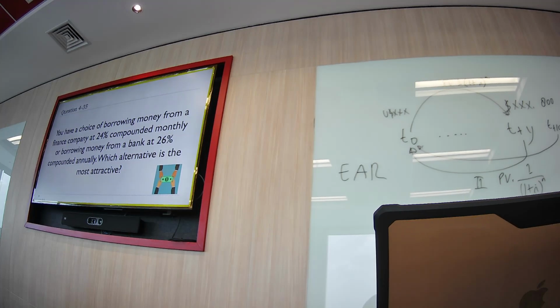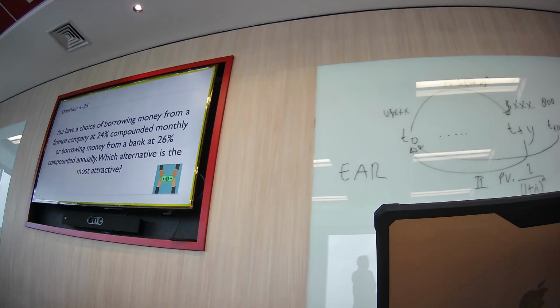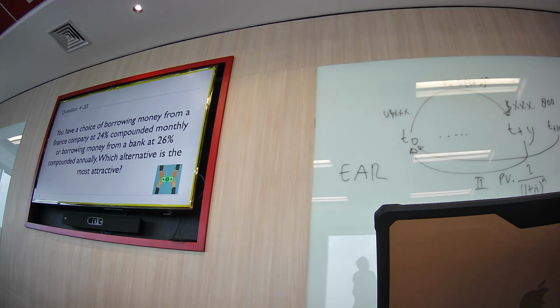For example, the 24% compounded monthly means you compound 12 times. So it's compounded annually for the other. Which does the finance company most accept?